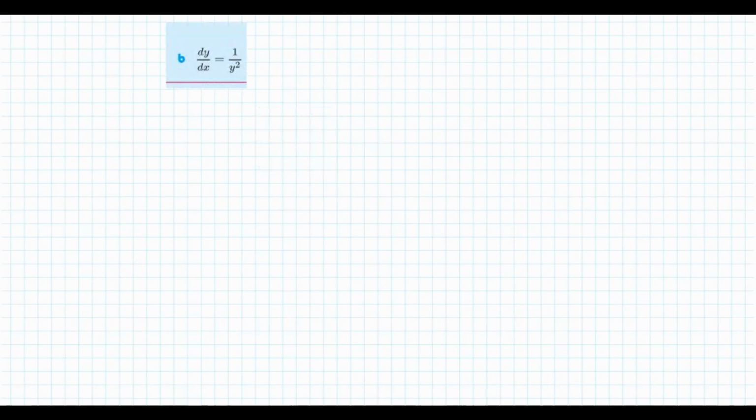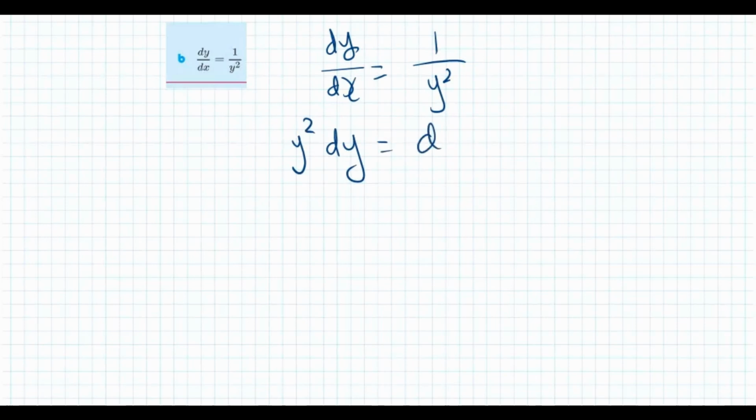Okay, this is also a case of separable variable. Well, it's separable. It doesn't have x, but it's separable. It's a special case of separable variable. And this is easy because you can put y squared dy equal dx.